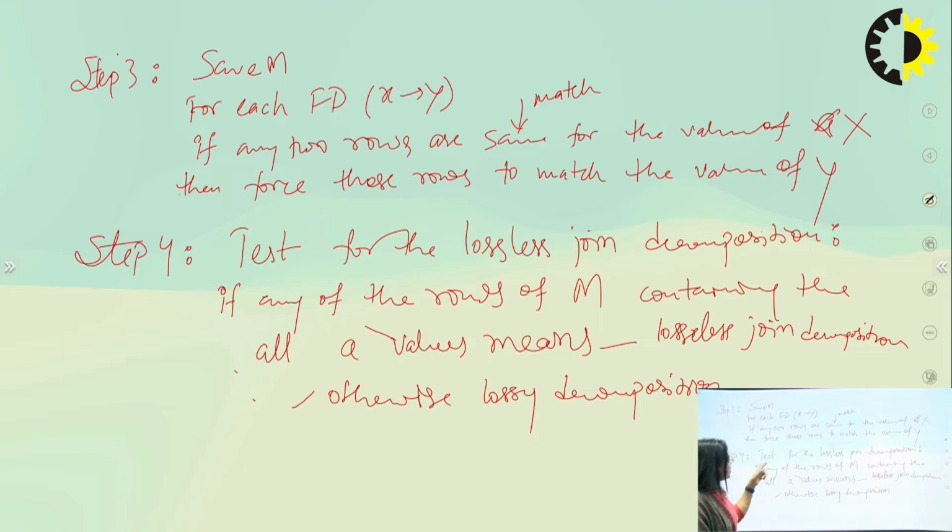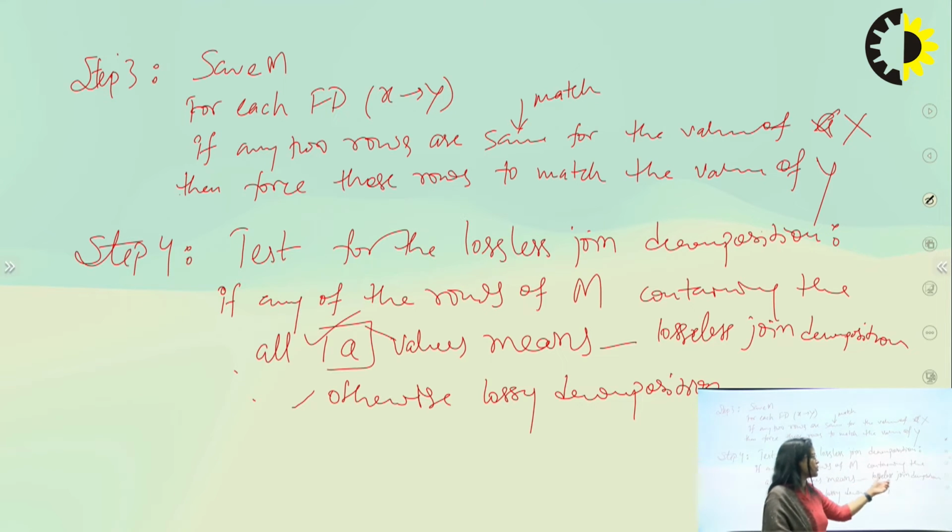Fine. Then the last step, test for lossless decomposition. We need to check the matrix: if any of the rows of M contains all A values, all A values, it means lossless join decomposition, otherwise lossy decomposition. So this is the algorithm.